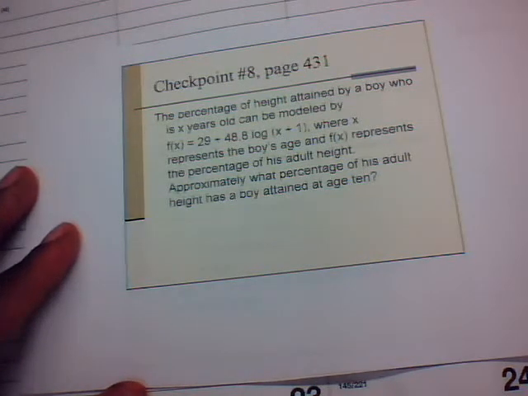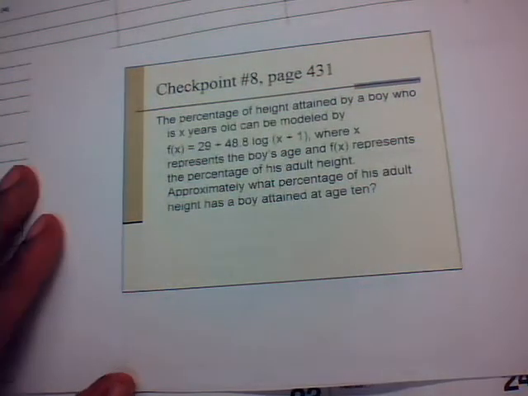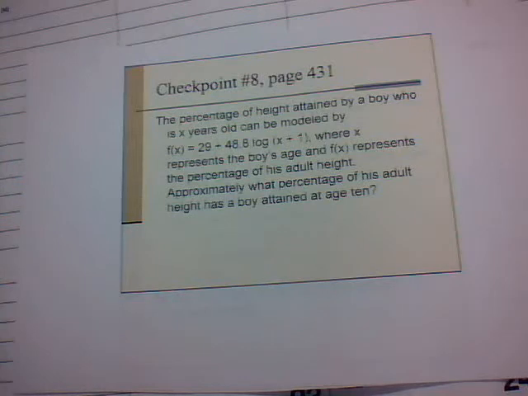All right, let's look at this particular example where it says that the percentage of height attained by a boy who is x years old can be modeled by f of x is equal to 29 plus 48.8 times the log of the quantity x plus 1, where x represents the boy's age and f of x represents the percentage of his adult height.